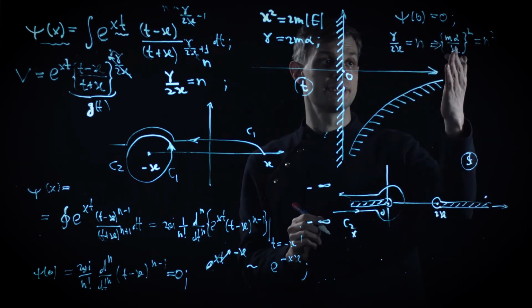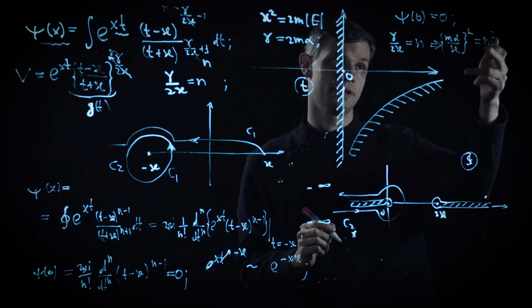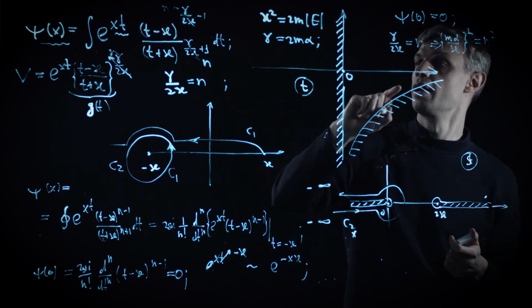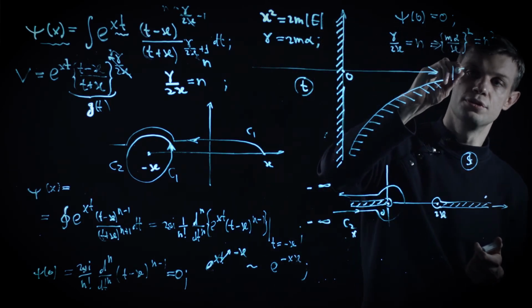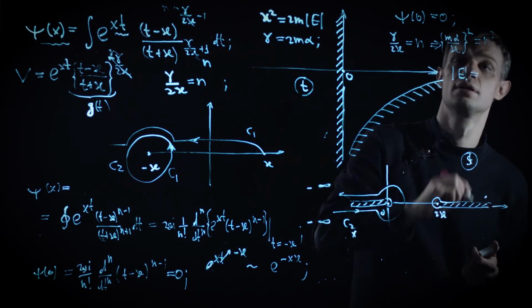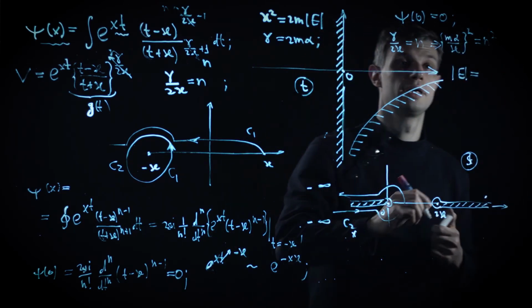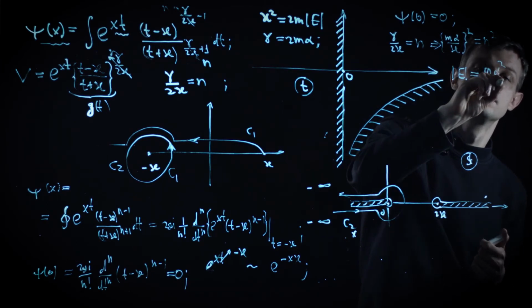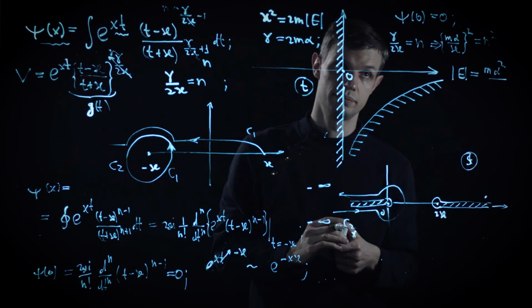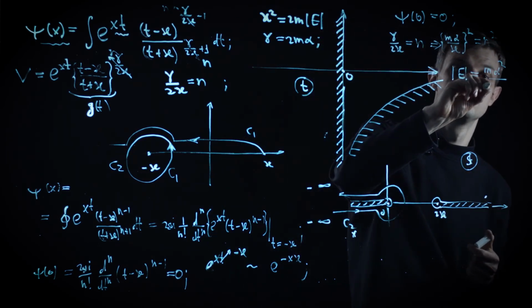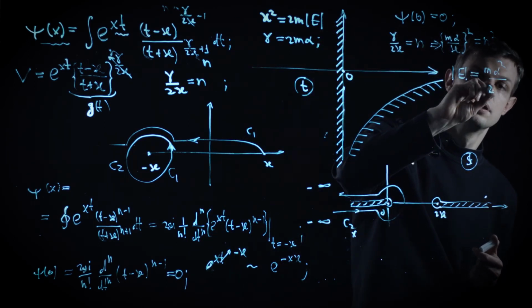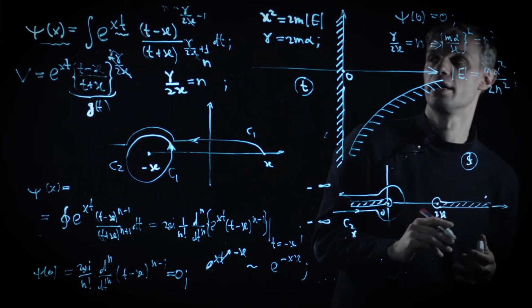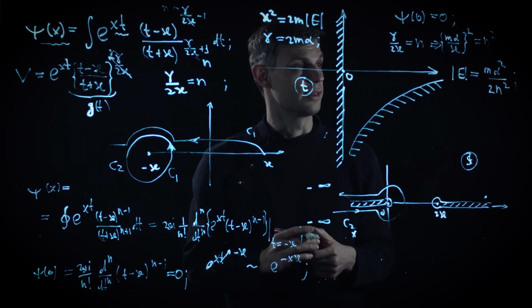And as a result, kappa squared is equal to m squared alpha squared divided by n squared. So the energy, the modulus of energy, is equal to m alpha squared divided by 2 n squared. Well, I hope I didn't miss anything.